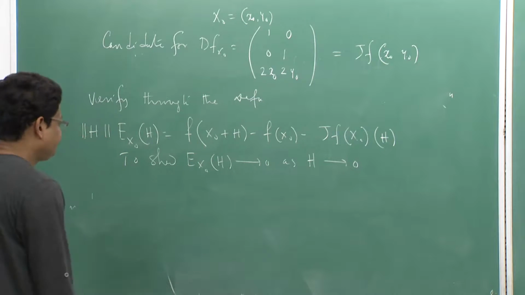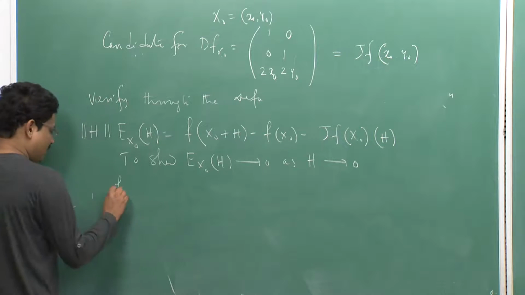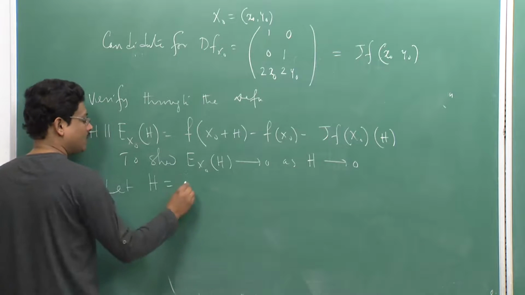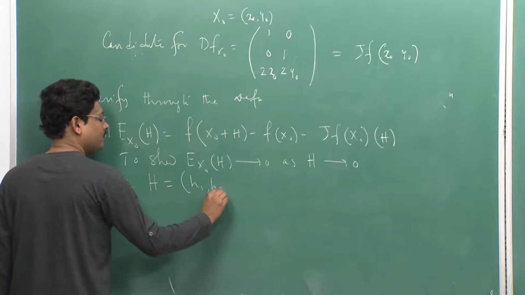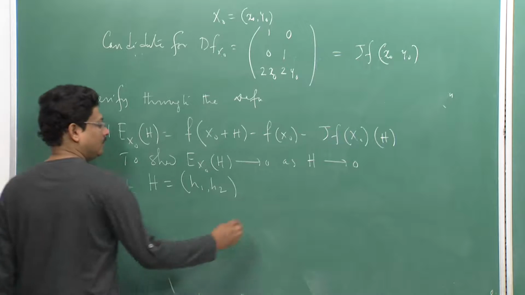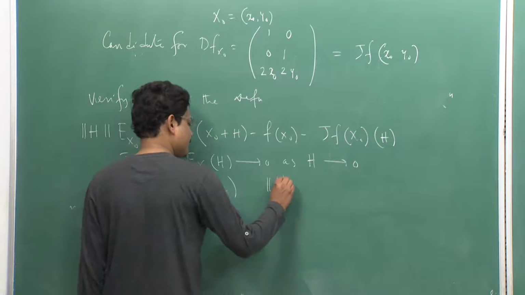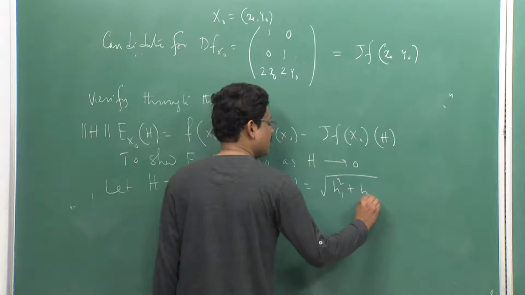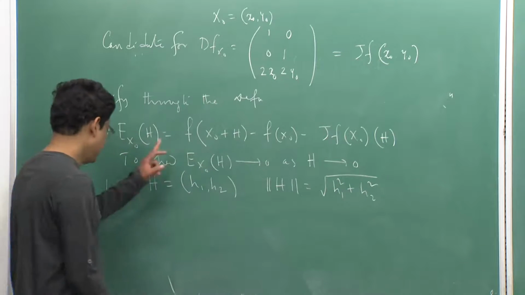Well, let us check. Let h be in R^2, h equals (h1, h2). So, the norm of h is the square root of h1 squared plus h2 squared. Let us calculate this fellow.